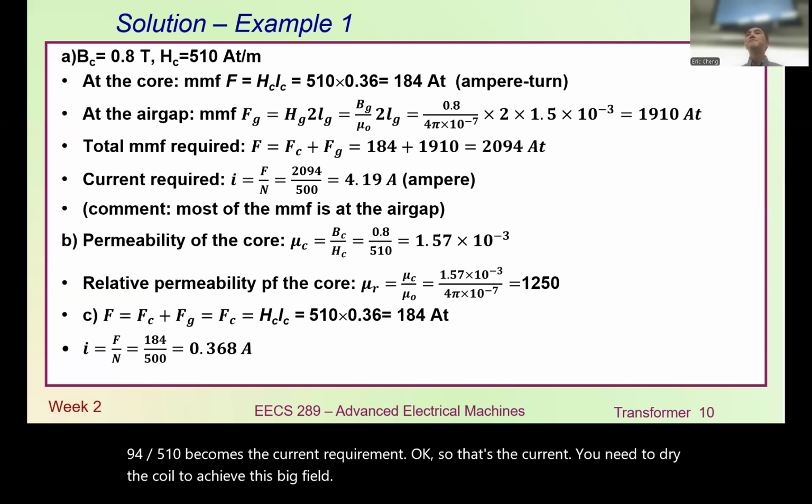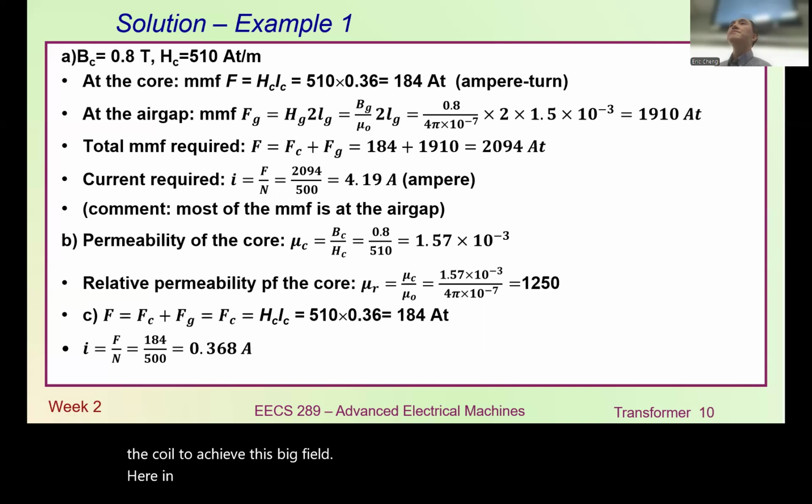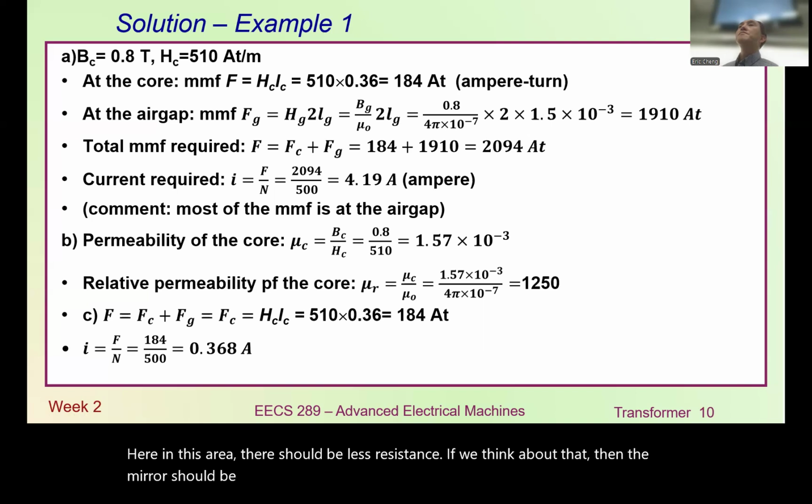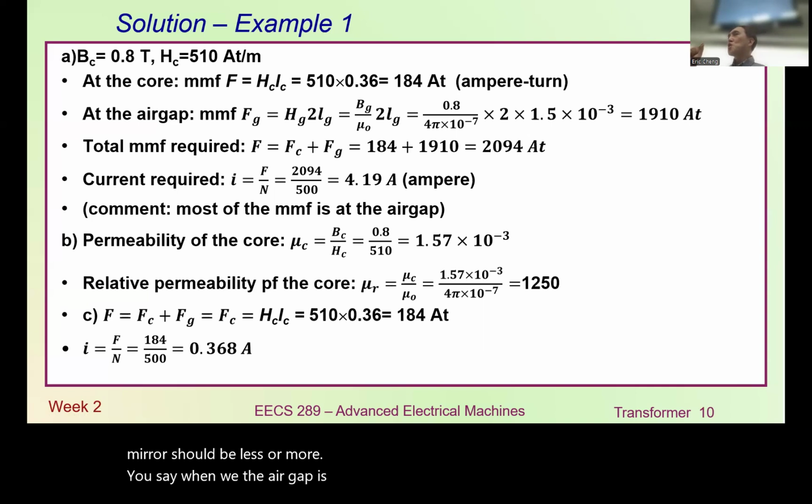Here, there is less resistance. If we think about that, then the MMF should be less. The air gap is the one where we control the reluctance, or the resistance, for the magnetic flux to go through. For a relay, there must be an air gap here.